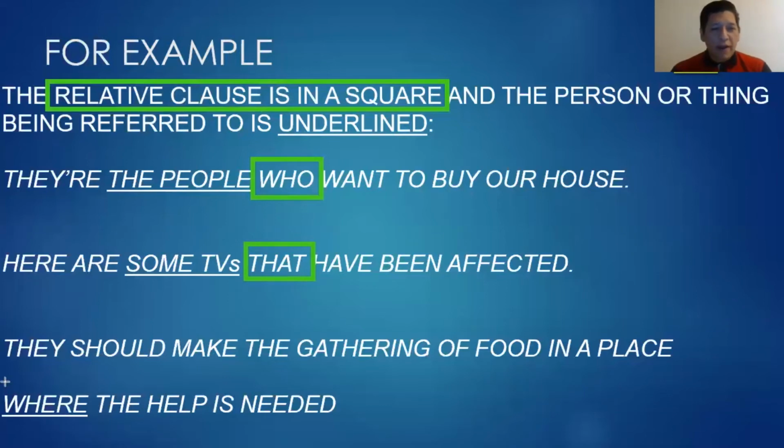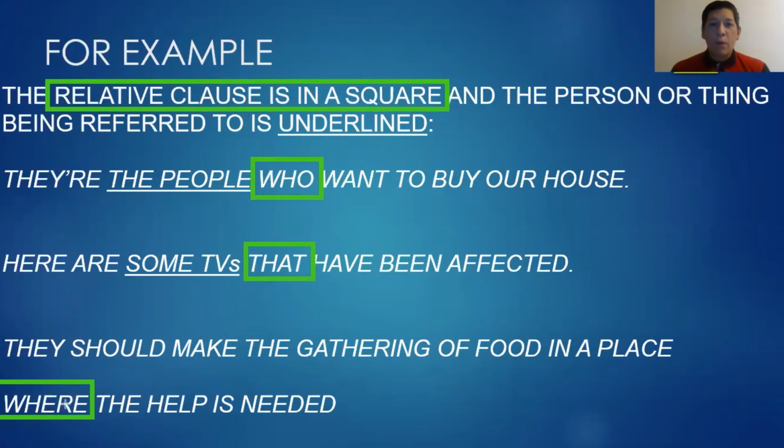So we have it in here. It says where it must be with a rectangle. Let's say a square, but it's more like a rectangle, depending on the word. Now, which part should be underlined? Should it be underlined the part where it says they should make the gathering of food in a place?